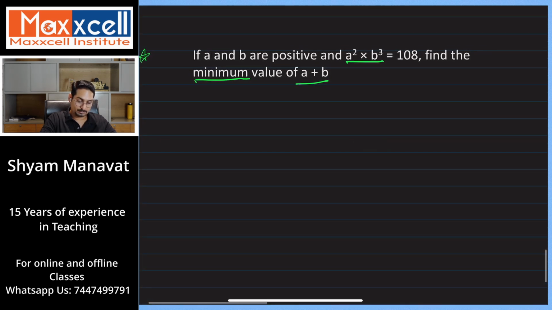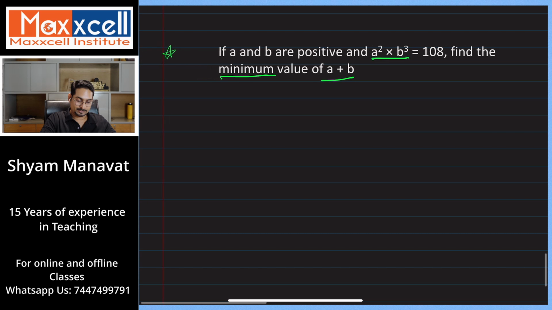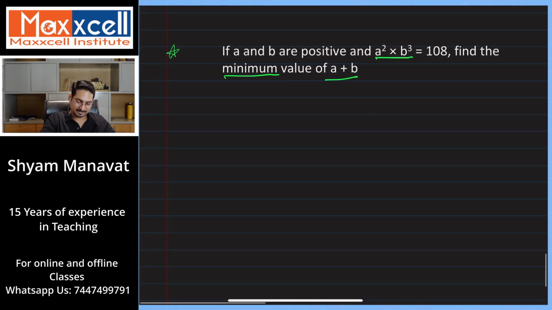Here we are talking about increasing problem solving skills. Look at this, here you have a square into b cube equal to 108. That means you need a into a into b into b into b three times, which is equal to 108. But unfortunately, here in a plus b you got only a single a and a single b.